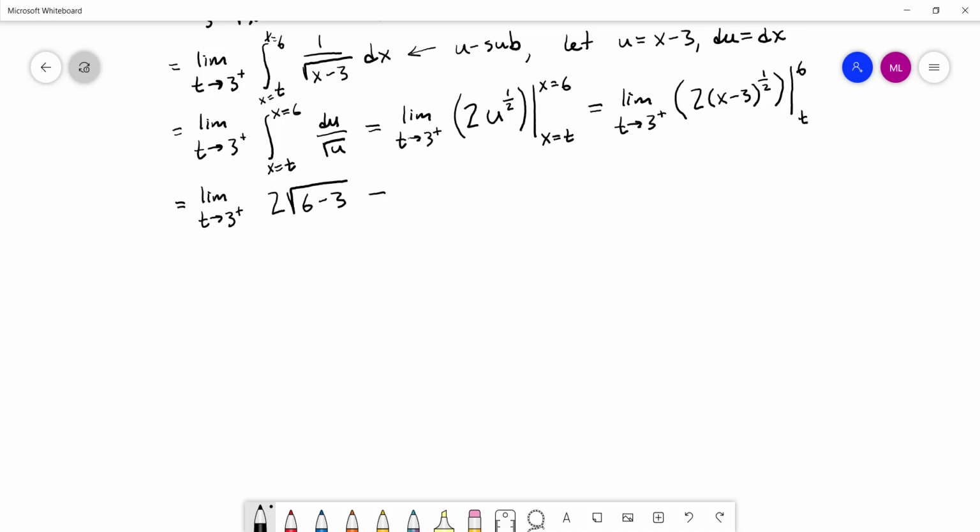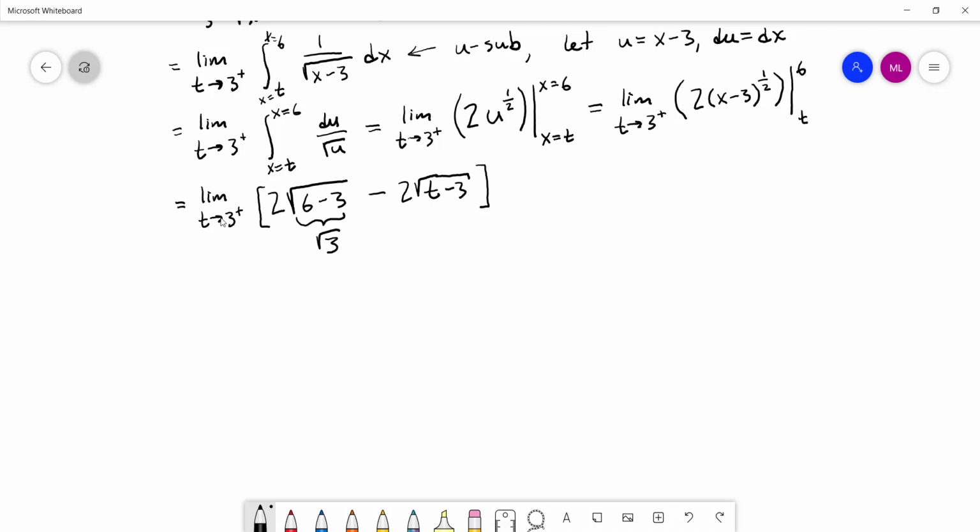And from that, I'm going to subtract 2 root t minus 3. That's what we're going to get once we plug in 6 for our upper bound and t for our lower bound. Okay, and again, this will just be root 3. It's what that simplifies to.